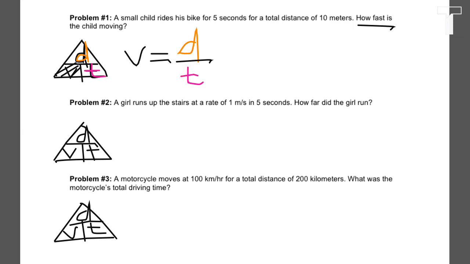So our time is 5 seconds and our distance is 10 meters. So I'm going to go ahead and plug those values in. So our distance is 10 meters, divide that by 5 seconds.